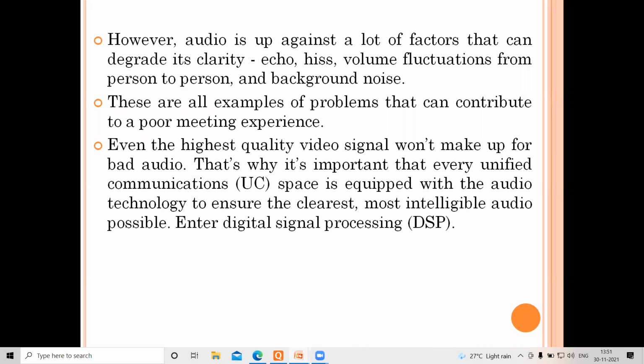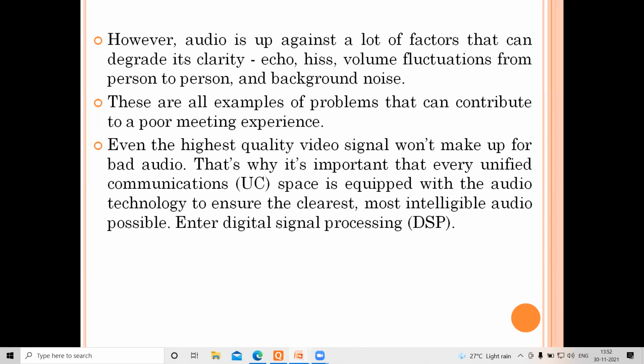When you are watching a match, if the commentary is not heard, just imagine watching only video with no commentary. You will not enjoy it. You have Sunil Gavaskar, Ravi Shastri, and others giving commentary on the live cricket match between India and New Zealand. Probably you'll enjoy it, but if audio is not good, then you'll have a problem.